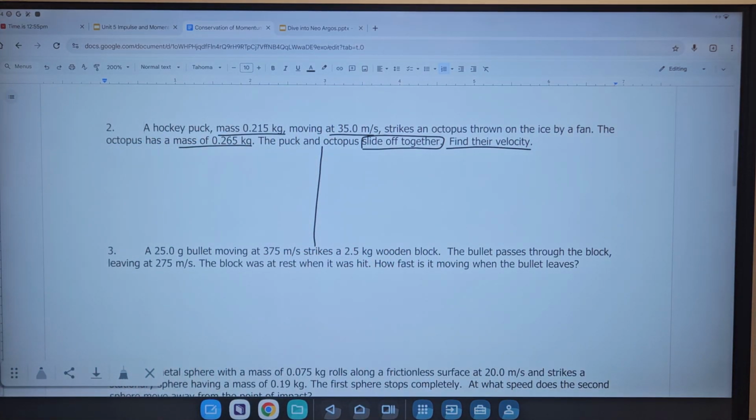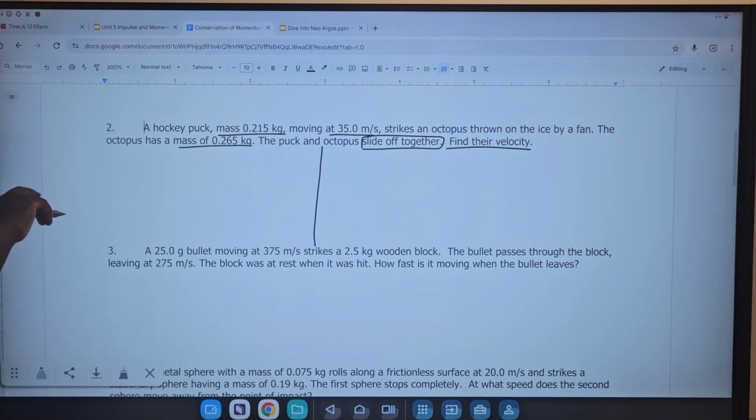A hockey puck, mass 0.21 kilograms, moving at 35 meters per second, strikes an octopus thrown on the ice by a fan. The octopus has a mass of 0.265 kilograms. The octopus and the puck slide off together. Find their velocity. Okay. Slide off together means we have another inelastic equation, right?